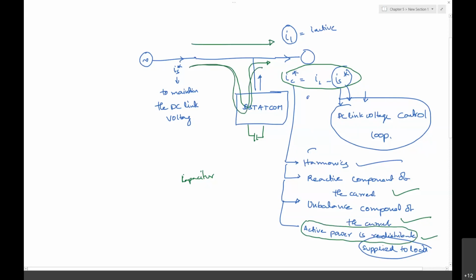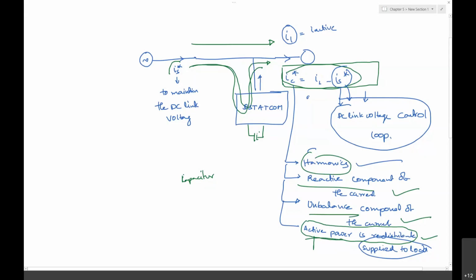Why? Because the compensator is going to supply this active power required by the load. When you look into this equation of IC star equals IL minus IS star, definitely the compensator is going to supply the active component current. These are the currents: harmonics, reactive current, unbalanced, and active current also. Then who is going to charge that?